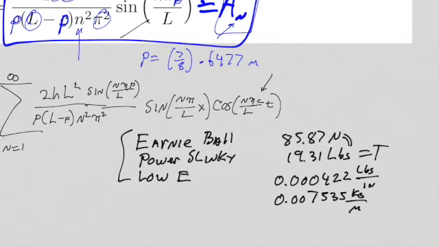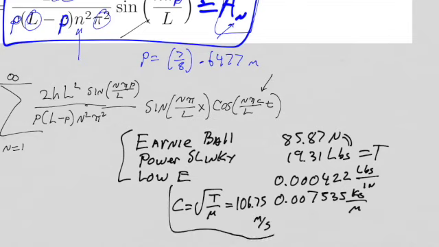So that's our mass density, and that's our tension, which gives us a speed of sound c, which is the square root of T over mu. That's going to equal 106.75 meters per second, right? So that's the value for c.